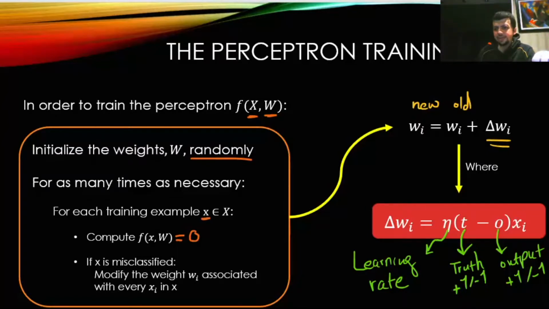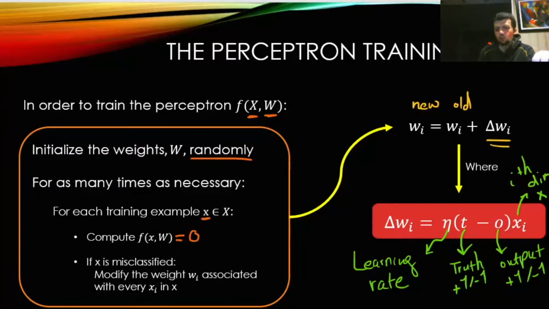Okay, and x of i is the ith dimension, let's say ith dim of small x. So that is the ith dimension of your input vector, or your training example, one training example, x.